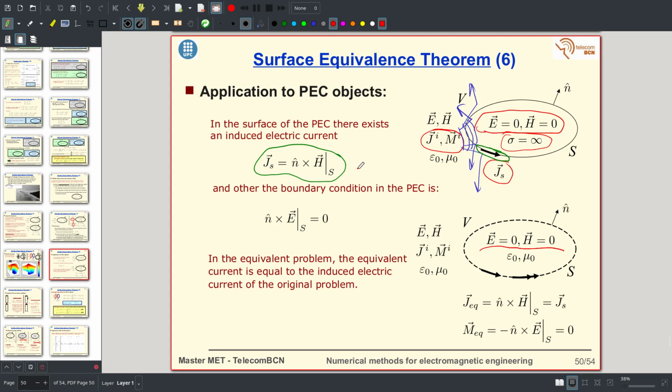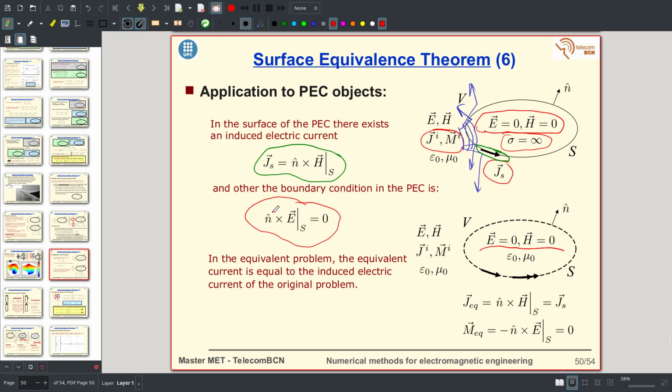Remember that, as always, when we have n cross H and we say the tangent component of H, we mean the tangent component rotated 90 degrees, as I said before in chapter 2. Okay, but there is also another boundary condition, that the tangent component of the electric field is equal to 0.